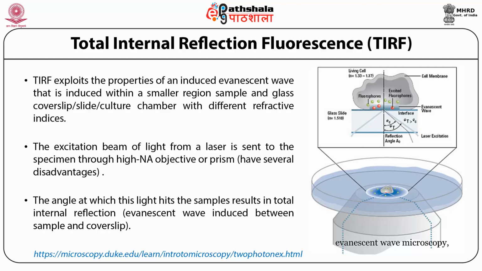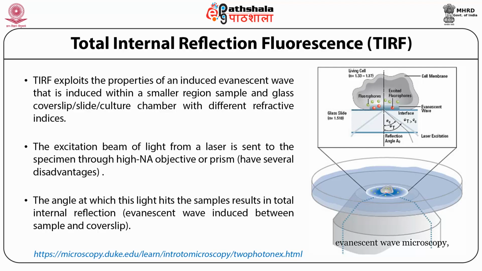The excitation beam of light from the laser is sent to the specimen through a very high objective lens. They also use a prism, but a prism has several disadvantages. Once the light is sent through the objective lens at a specific angle, it results in total internal reflection, or the evanescent wave, that is created between the sample and the cover slip.